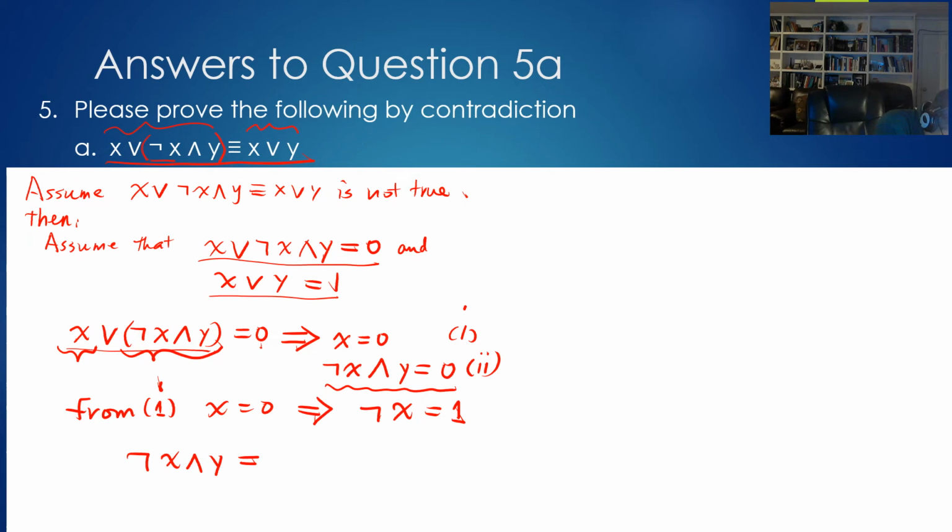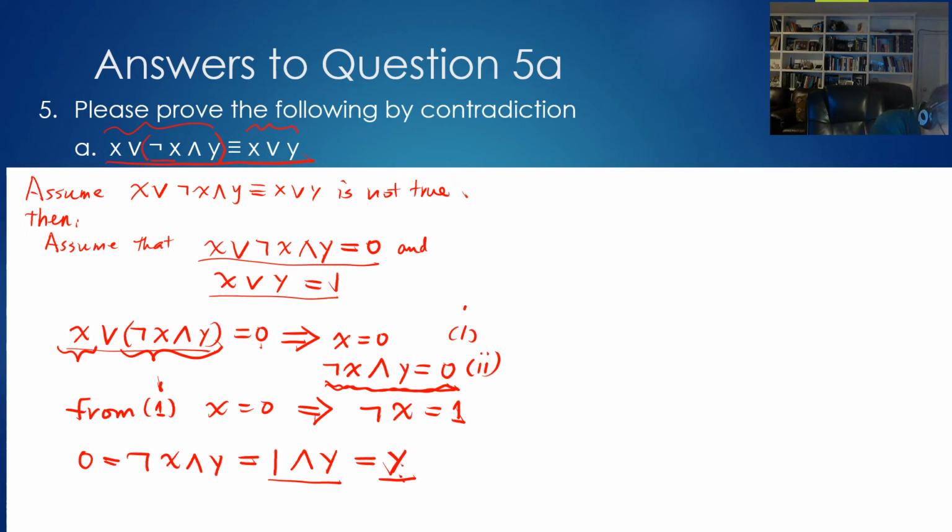I replace negation of x with 1 and y. So based on some Boolean identity, this is the same as y, right? Because it doesn't matter what the value of y is. If y is 0, 1 and 0 get you 0. If y is 1, 1 and 1 get you 1. So this is always the same value as y. But we know that by assumption, this is 0, right? So that means y must be 0.